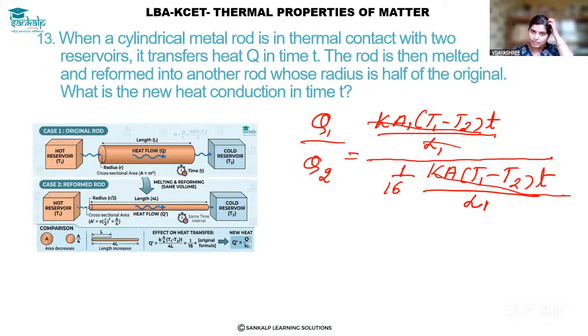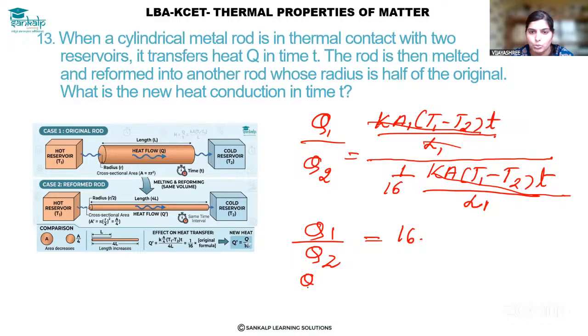Now how do we write this? Q1 by Q2 is equal to 1 by 16? It should be 16, right?